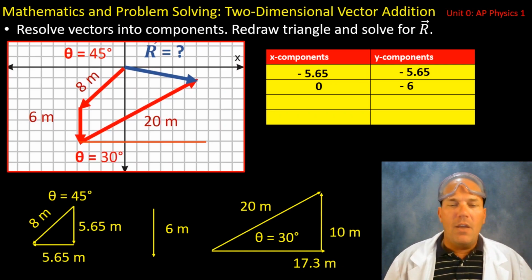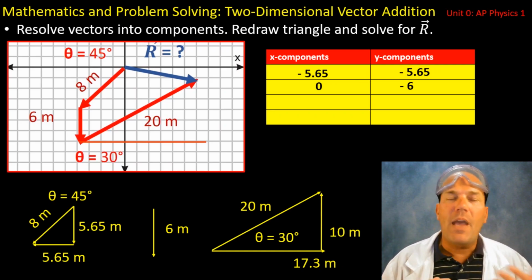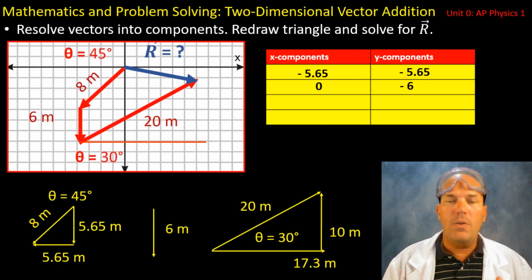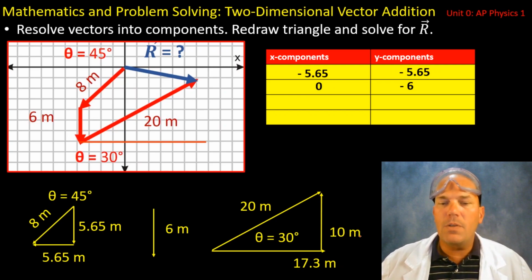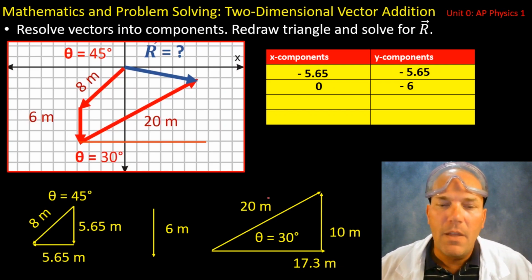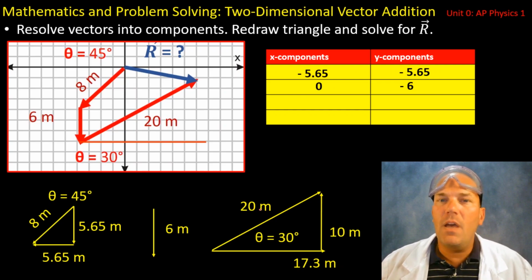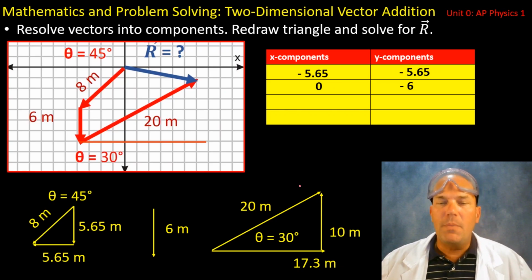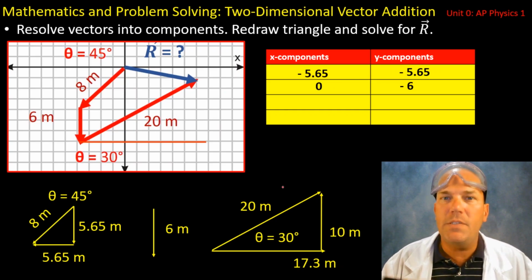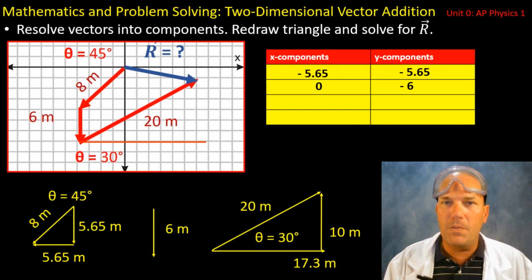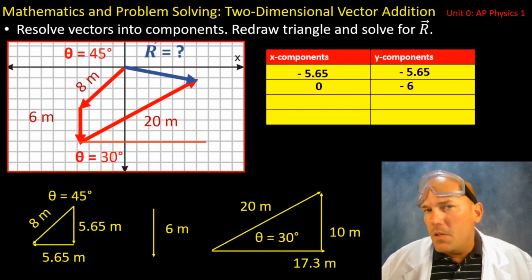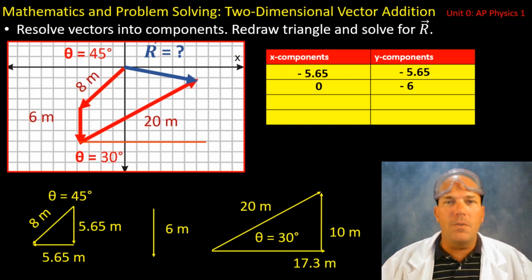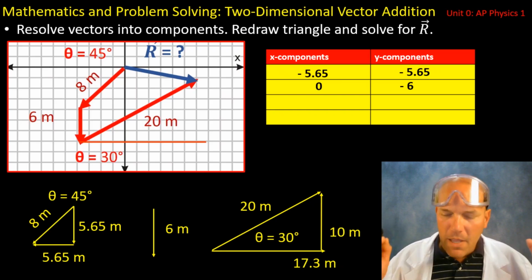Or you can simply say, I know that sine of 30 is 1/2. So if sine of 30 is 1/2, then this vertical component here is 1/2 of the hypotenuse, because sine of 30 degrees is equal to 1 over 2. That's relating the angle and the ratio. Whatever's most intuitive to you, or grab your calculator and plug it in.